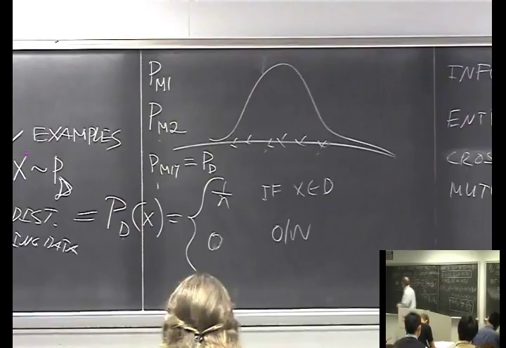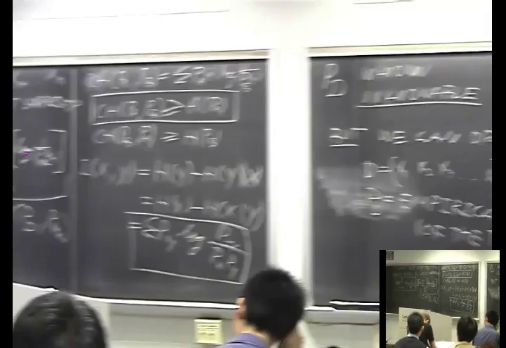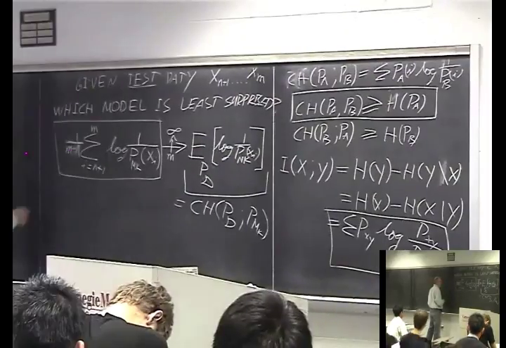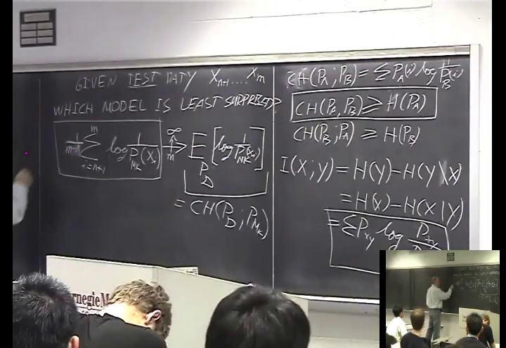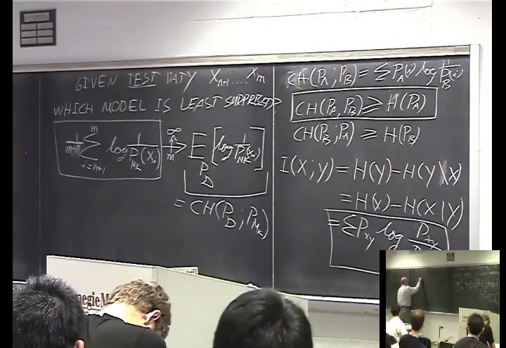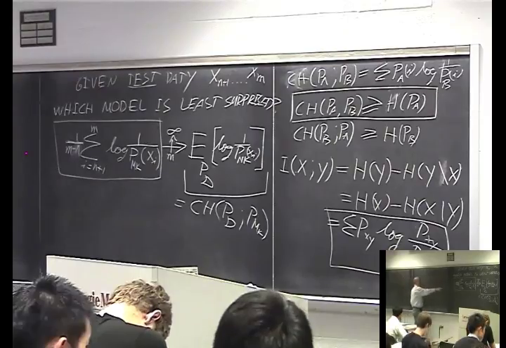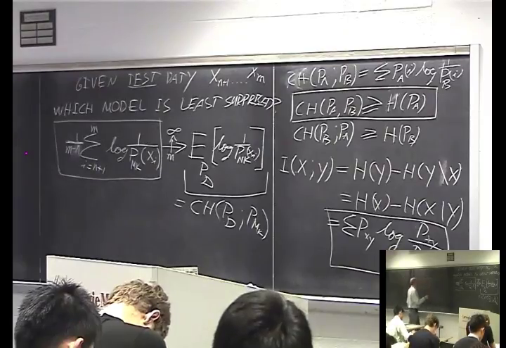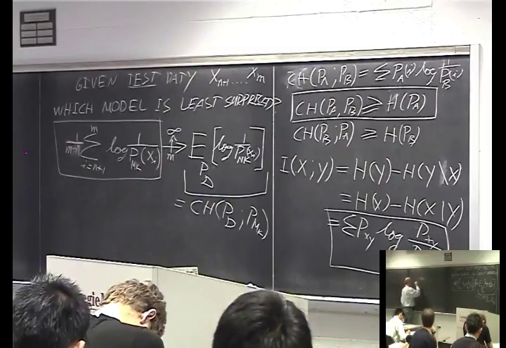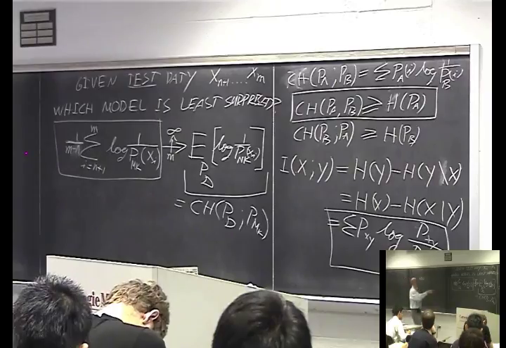Let me write this expression again. What I'm trying to do here is find the model that's least surprised. I'm trying to find the minimal value of this over all the models.